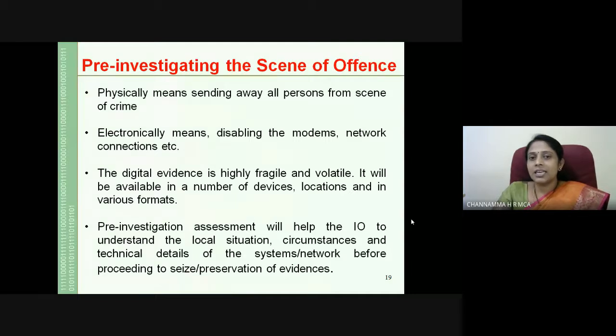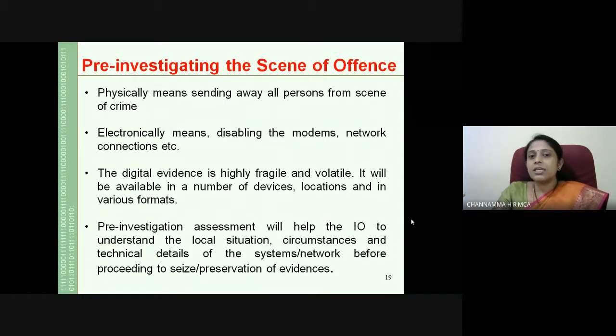But electronically, it is nothing but disabling the modems, network connections, etc. Here people will not be present, but of course people are involved, sitting anywhere in the world. Hence all the network related connections must be disabled so that no more communication happens. This comes under the pre-investigation of the scene of crime.